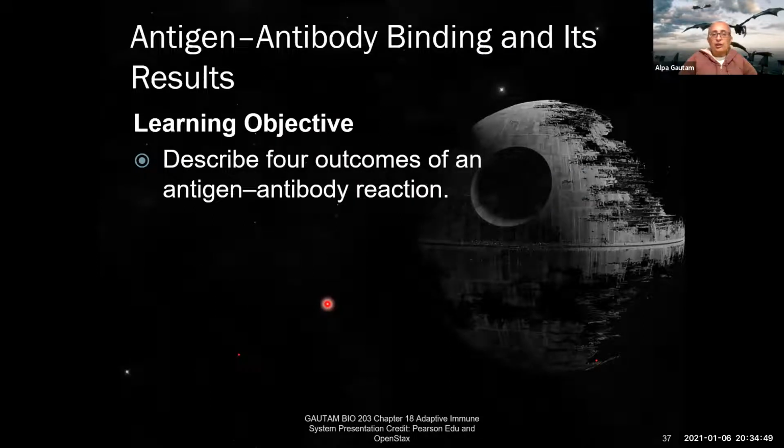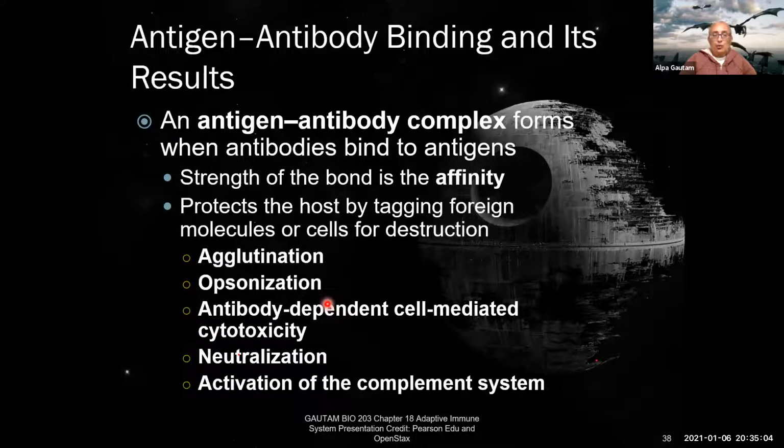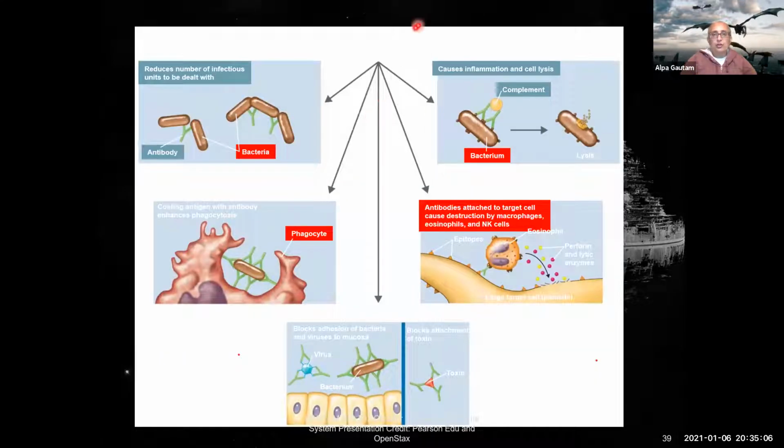So let's look at the outcomes of an antigen antibody reaction, right? So we're talking about antibodies that are formed. Now they're free floating. Well, what happens when that free floating antibody, not attached to a cell, comes in contact with this antigen? So picture is always better. In this case, here's an antibody, and it's bound to these bacteria here, right?